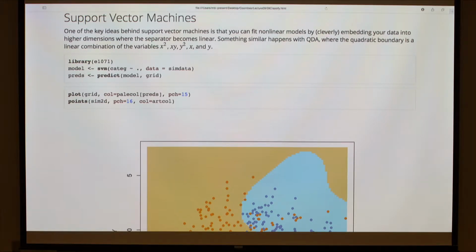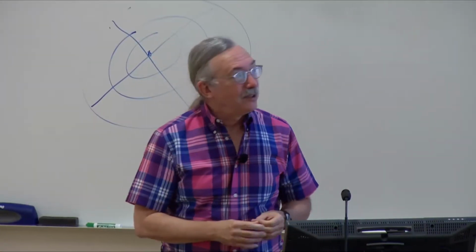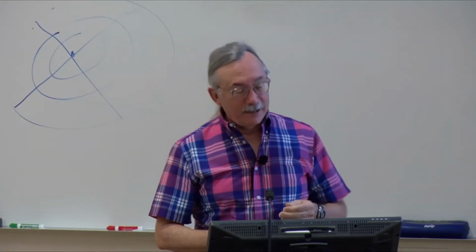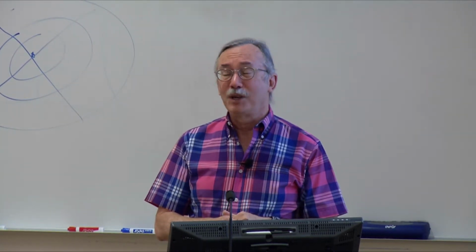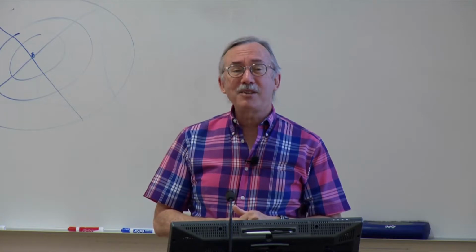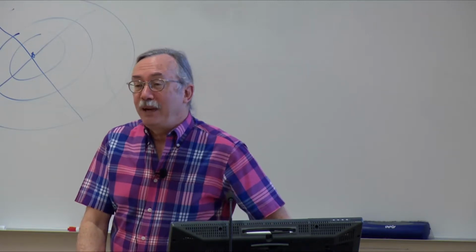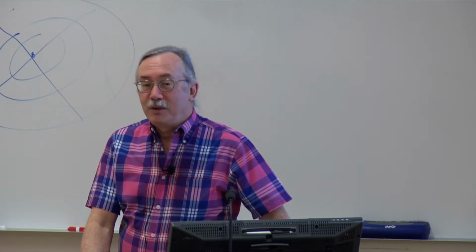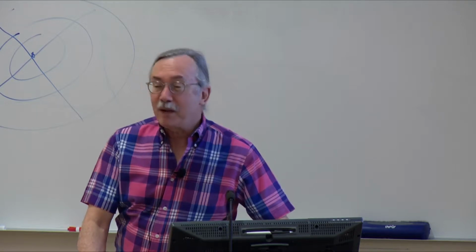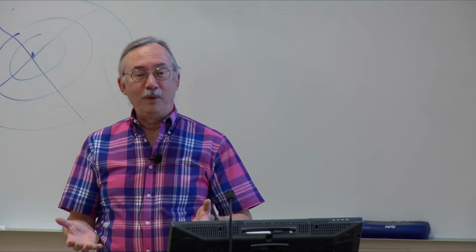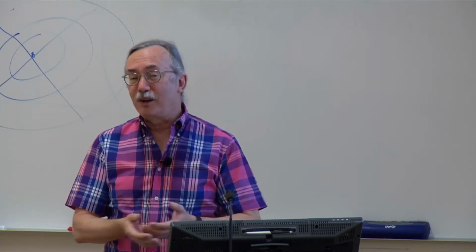I'm trying to decide if I'm going to tell you anything about how support vector machines work. It's this very nice idea. There's a sense in which it generalizes this notion of fitting quadratic curves or linear curves, and it does this by, oh, sure. Once upon a time, I used to be an algebraic geometer. There's a tool in there known as the Segre embedding, which comes down to, instead of looking at all linear terms in a polynomial, it either looks at all quadratic terms, all cubic terms.